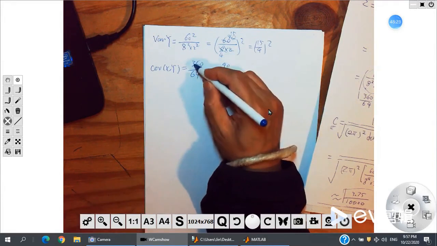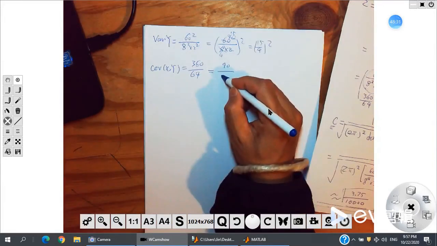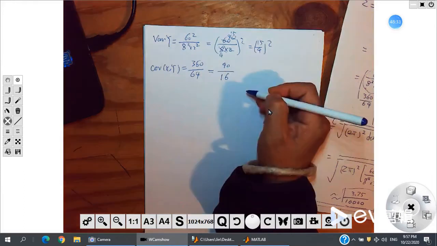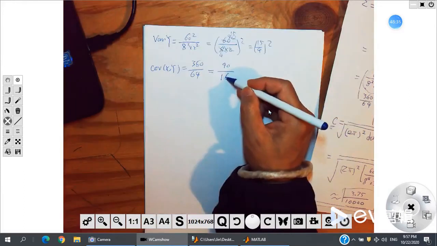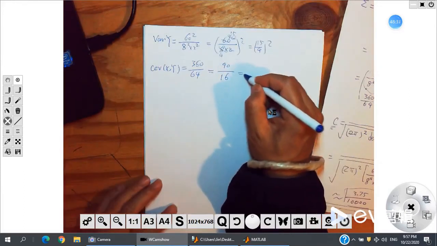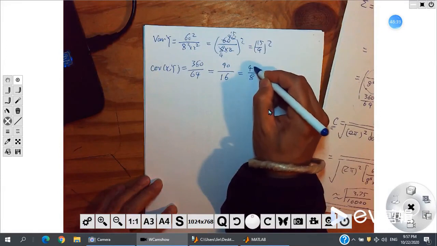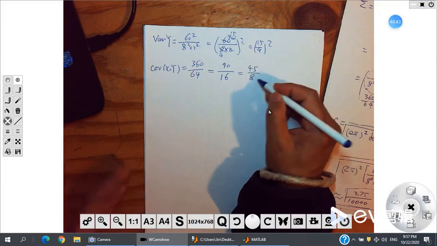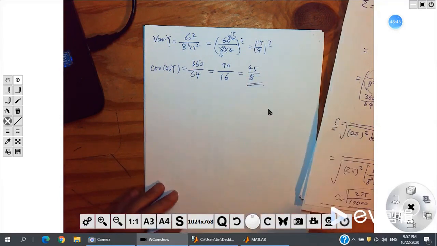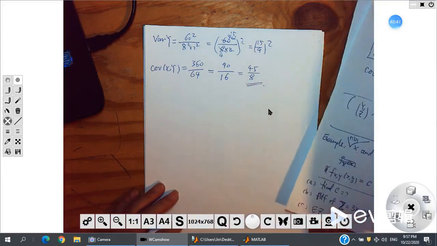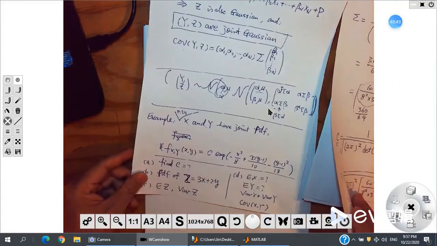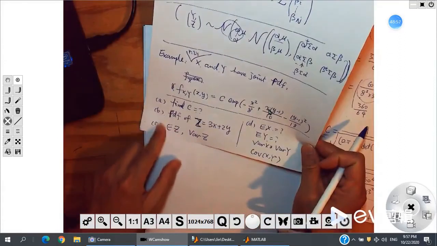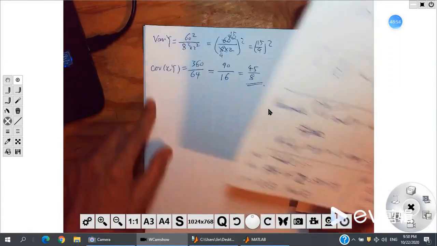And here divide by 4, I have 16. And then I can divide by 2: 45 over 8. Can I make it more simple? Okay, just like this. Alright, this is the covariance. And what else can we have? Yeah, that's all. I put the ABCD here and I have all the results.